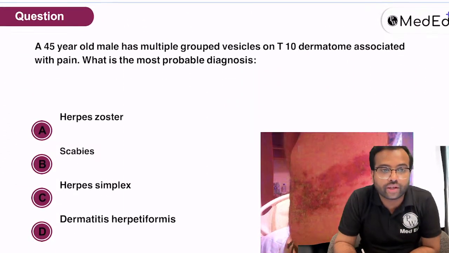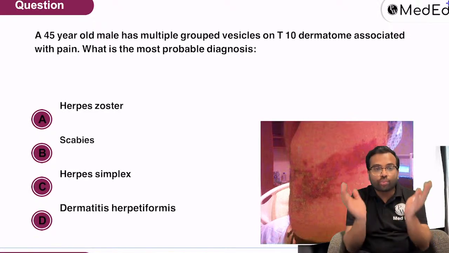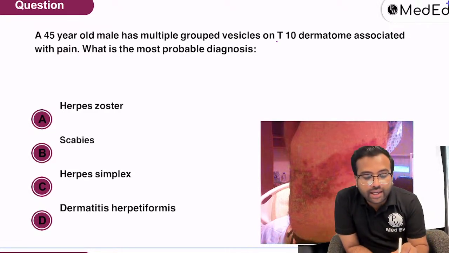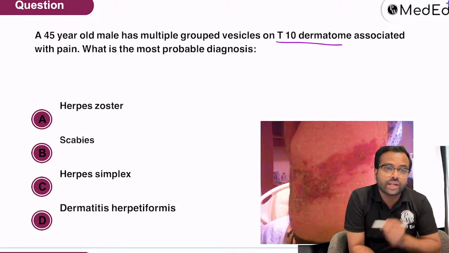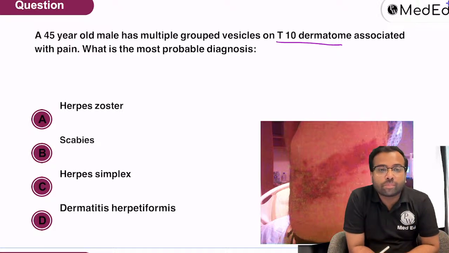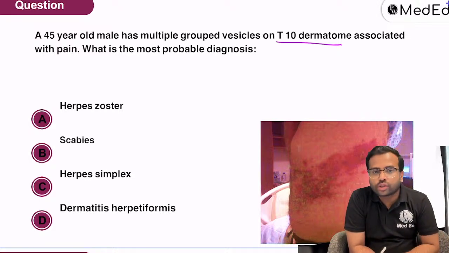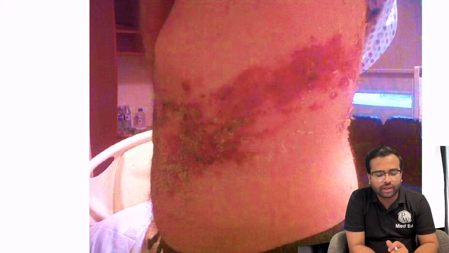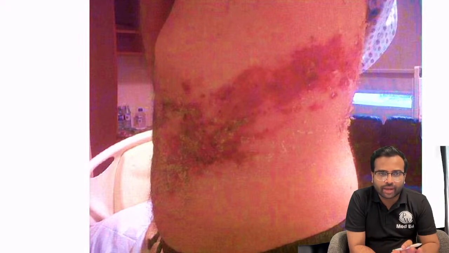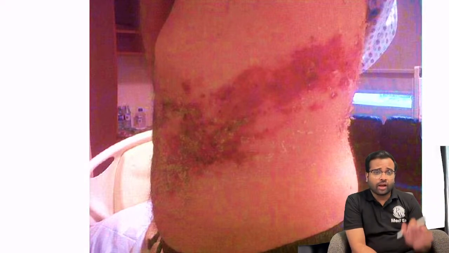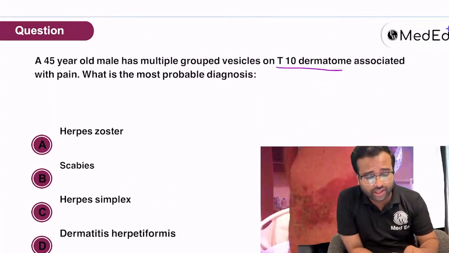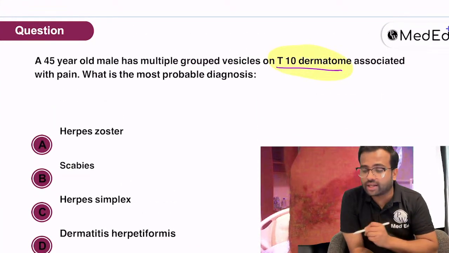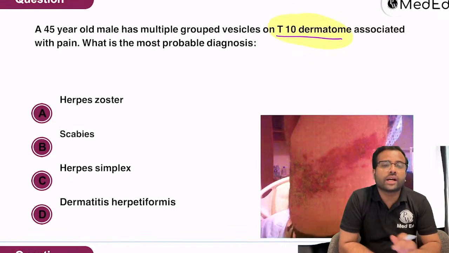A 45-year-old patient has grouped vesicles on the T10 dermatome and it is associated with pain. What is the most probable diagnosis? So you can see that the patient has developed multiple vesicles and there is a background erythema. And very importantly, what is the most important catch here? This is along a T10 dermatome. So is it herpes zoster?